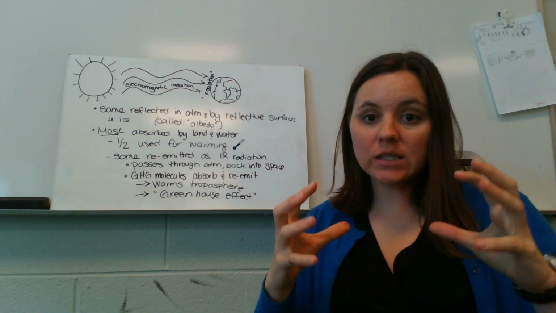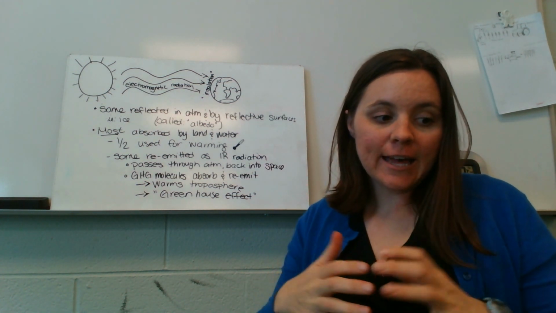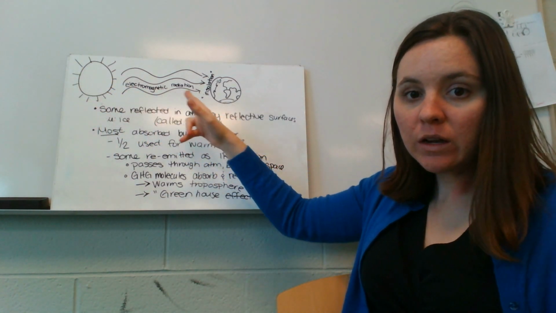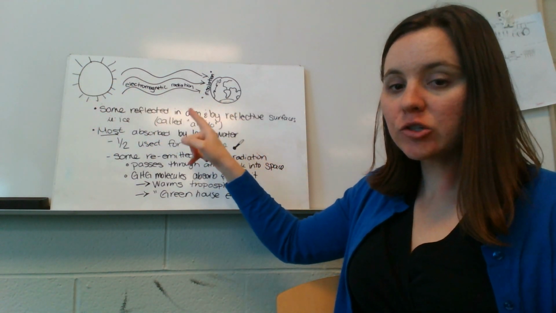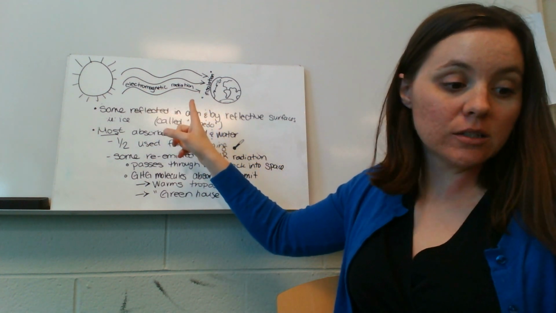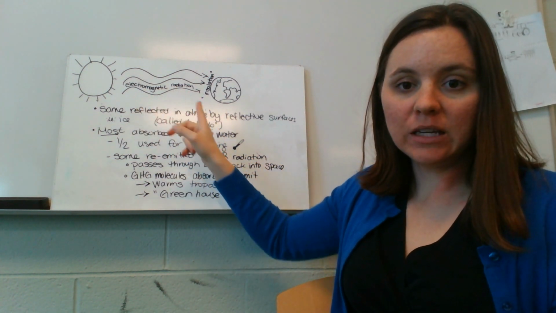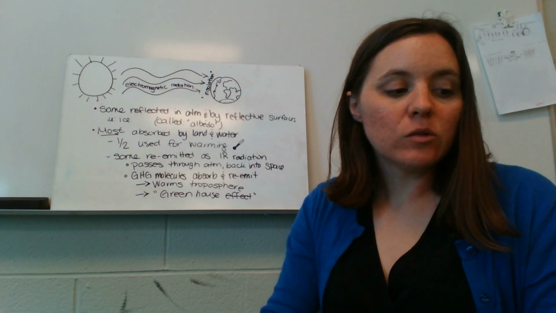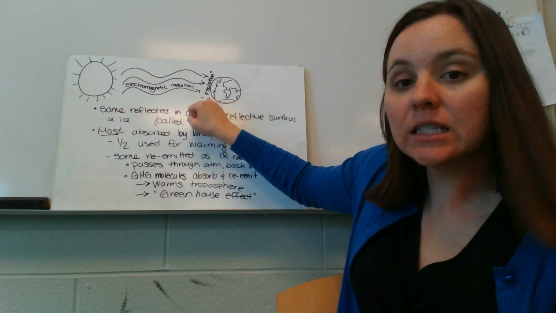So the first thing we need to remember is that energy from the sun travels to the Earth via electromagnetic radiation. And so this is traveling in waves to Earth. And so this incoming radiation is called insolation.